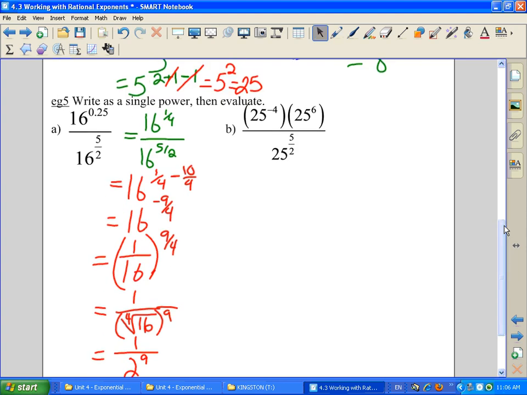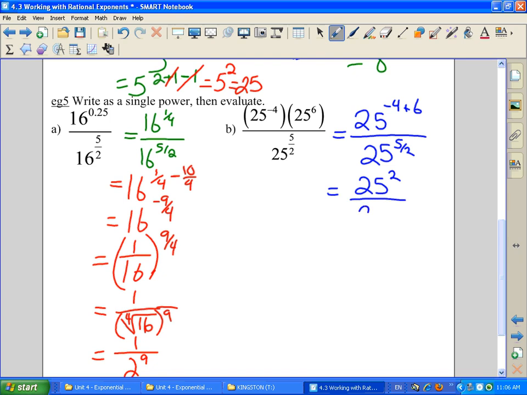Good. Let's try this last one, guys, and we can get her done. Good news about this last one, folks, is the base is still the same, so we can use our exponent laws. Again, to multiply, you've got -4 plus 6, all divided by 25 to the 5 over 2. Simplifying the numerator, you're going to have 25 to the power of 2 divided by 25 to the 5 over 2.